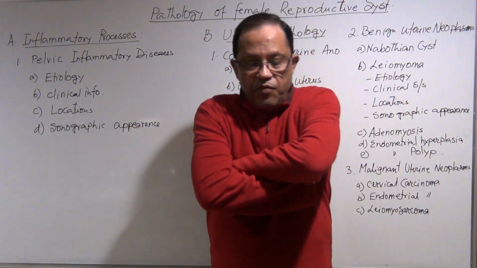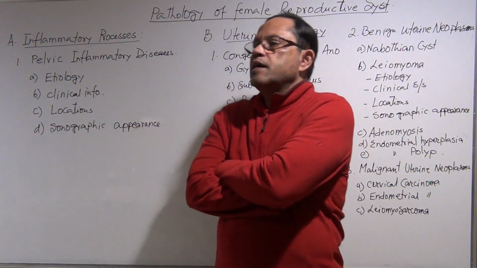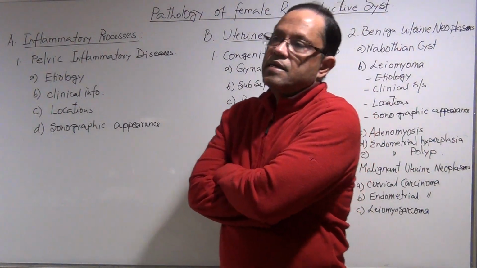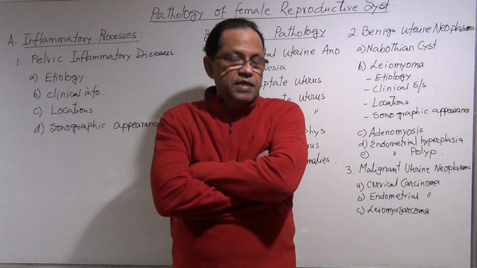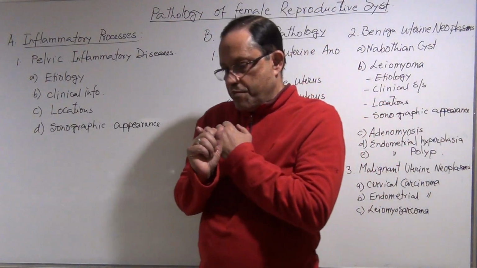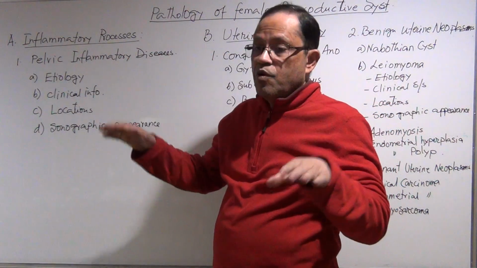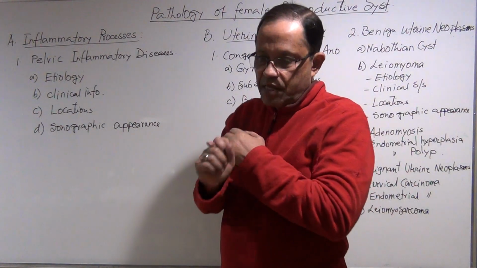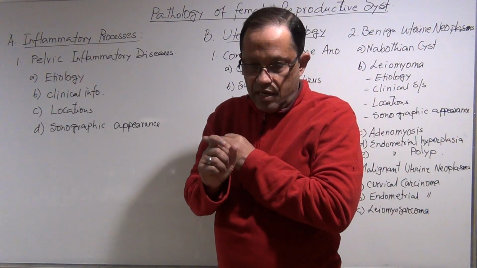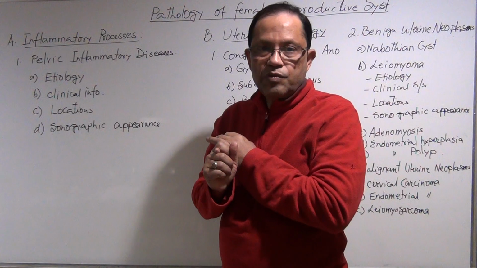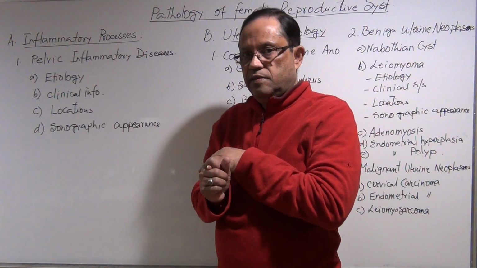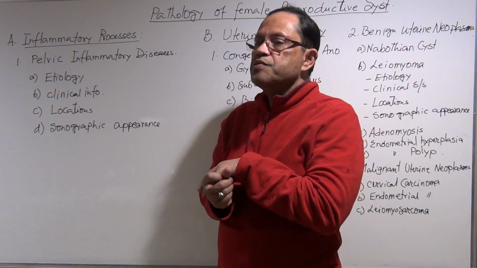For any organ or any system, in order to understand the pathology, you have to understand that if you group all pathologies, some pathologies are from birth. We call them congenital anomalies.